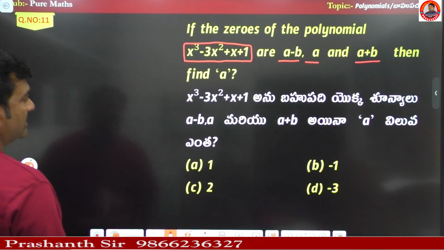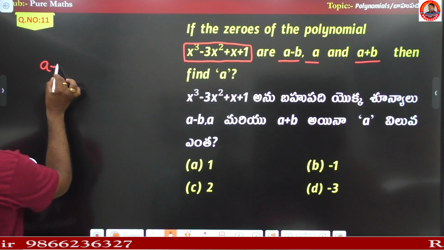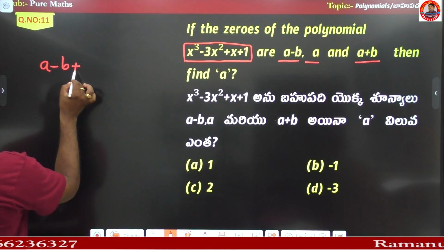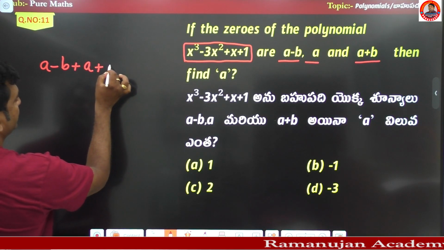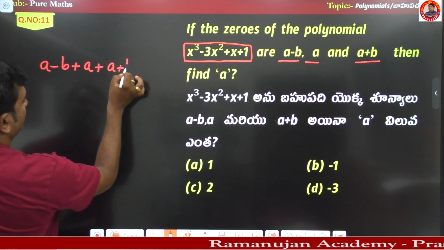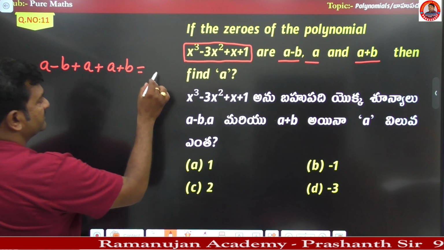We'll try to find the sum of the roots. One root is a minus b, next root is a, and the next root is a plus b. Sum of the roots equals, formula you know already, minus b by a.